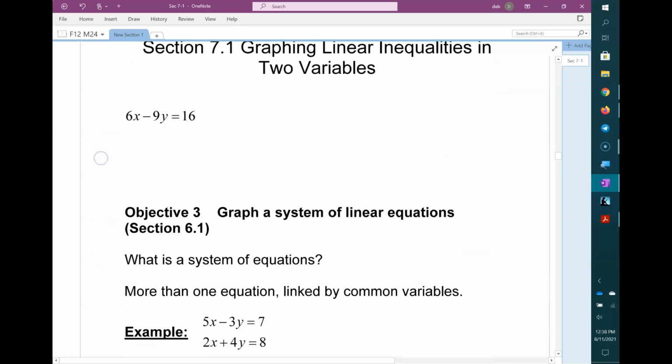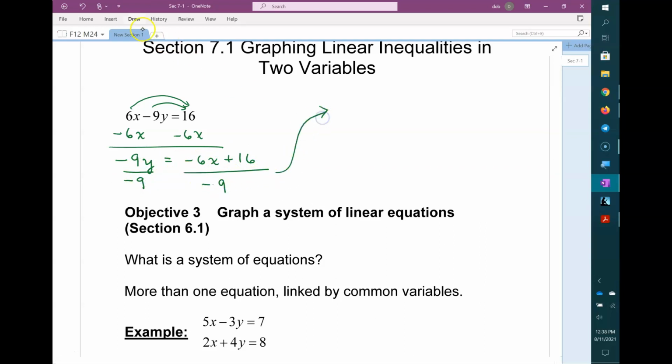Okay, so here's an example that doesn't work so well. 6 doesn't divide evenly into 16. 9 doesn't divide evenly into 16. So you would need to subtract 6x from both sides and get negative 9y equals negative 6x plus 16. And then divide both sides by negative 9.